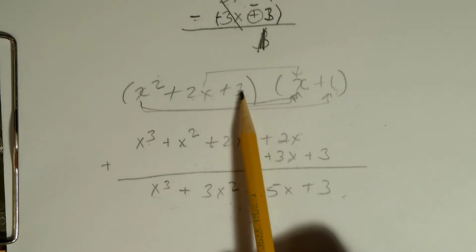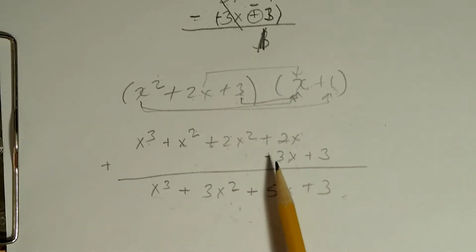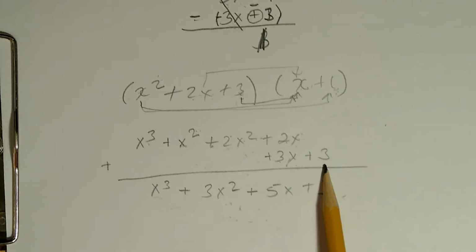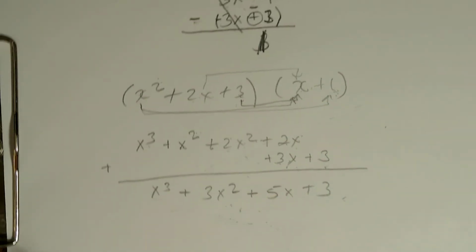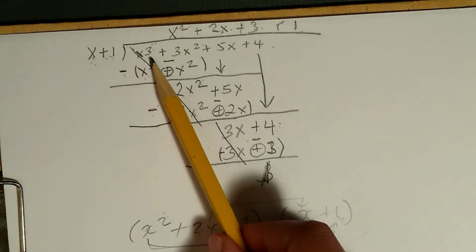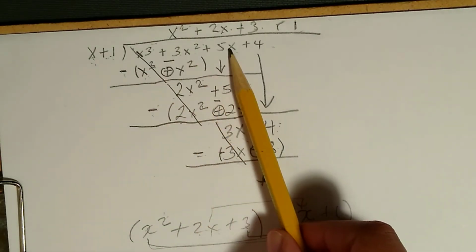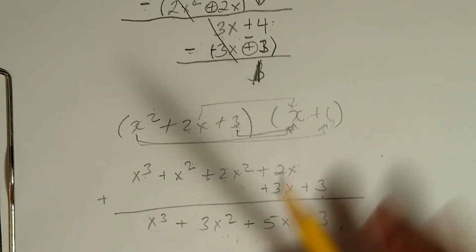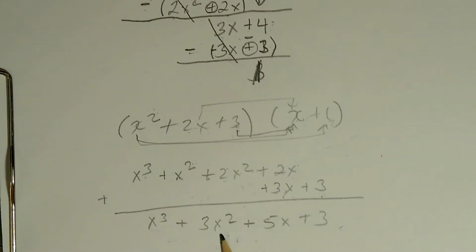Then we do 3. 3 times x will give you 3x. 3 times 1 will give you 3.